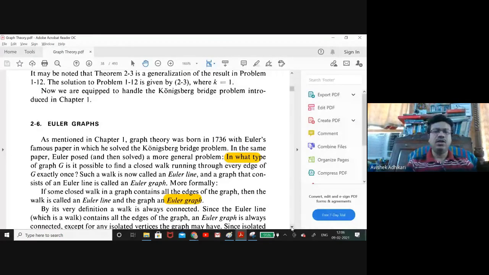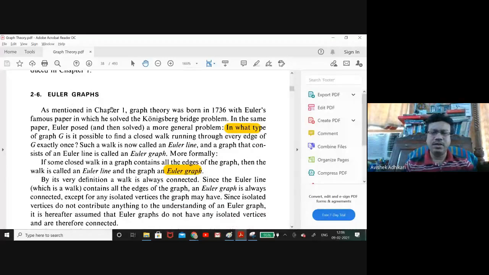Okay, so I'll just follow, as I mentioned, Narsingh Deo's book, section 2.6, Euler graphs. It was mentioned in chapter 1, and in my previous first class I also described the same problem. This is 1936, with Euler's famous paper in which he solved the Konigsberg bridge problem.